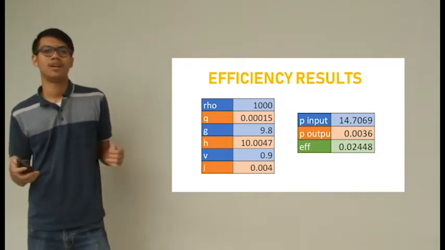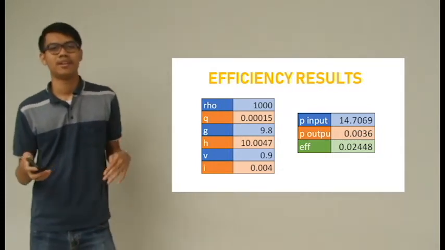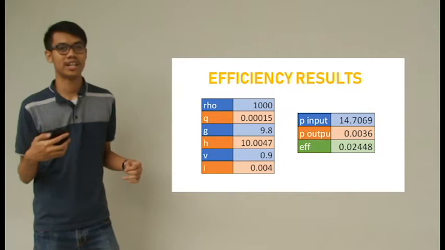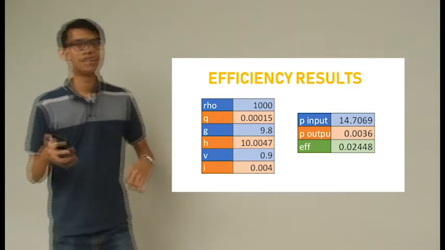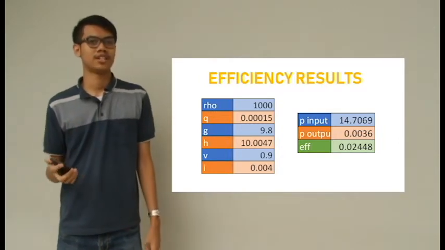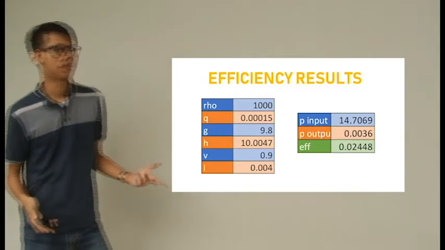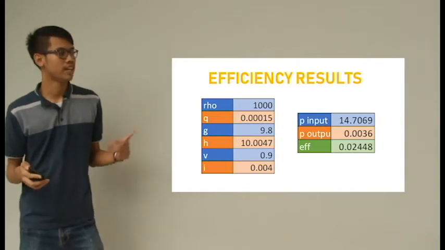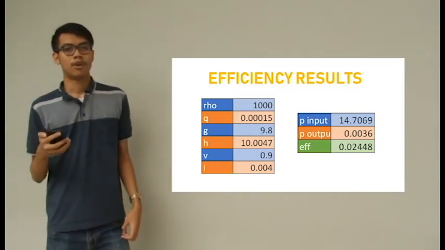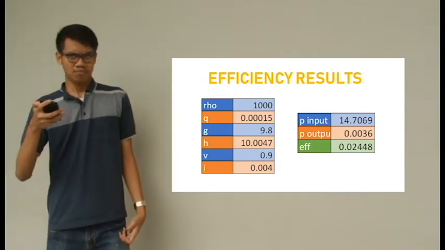This is probably because the head delivered from the fluid system itself is already high, which is 14.23 psi, and the flow rate of the water is already high also, about 9 liters per minute. As a result, compared to the input, the output is only 0.9 volts and 4 milliamps of current. It will produce a low efficiency.